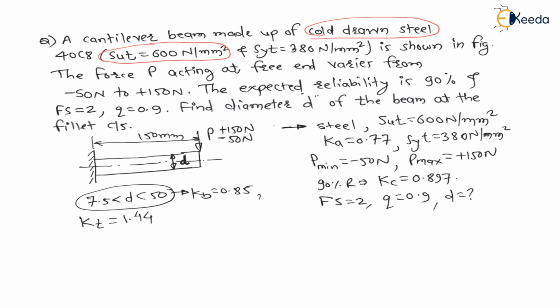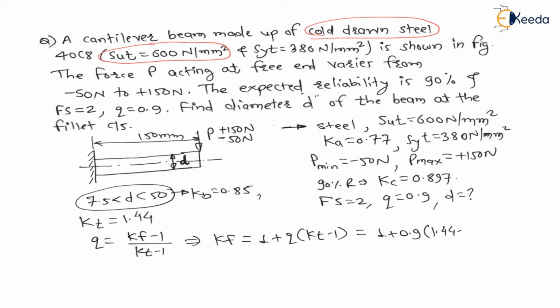Now as Kt is known, notch sensitivity Q is nothing but the actual stress concentration factor minus 1 divided by the theoretical stress concentration factor minus 1. Therefore we have to find the actual stress concentration factor: Kf is equal to 1 plus Q into Kt minus 1, which is 1 plus 0.9 into 1.44 minus 1.